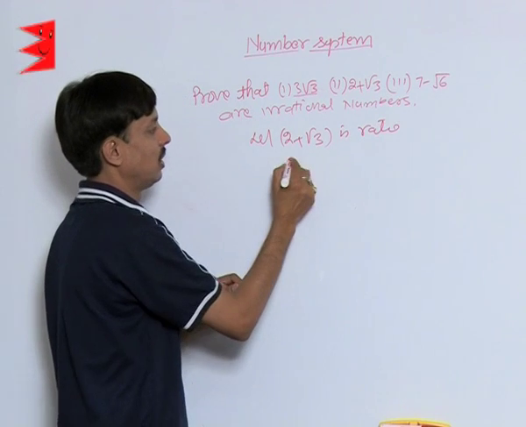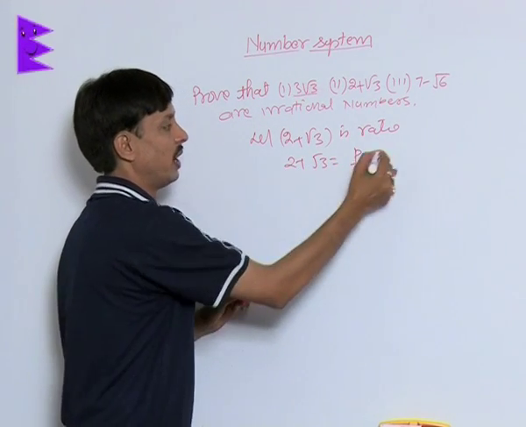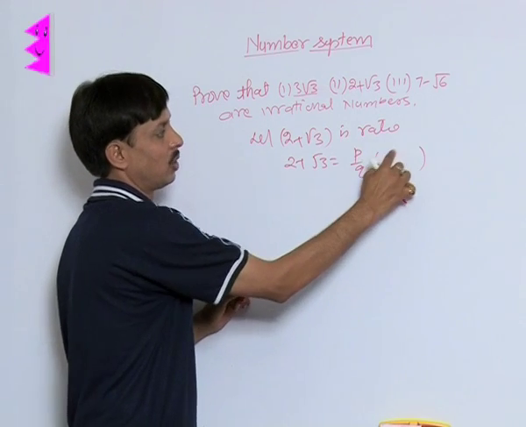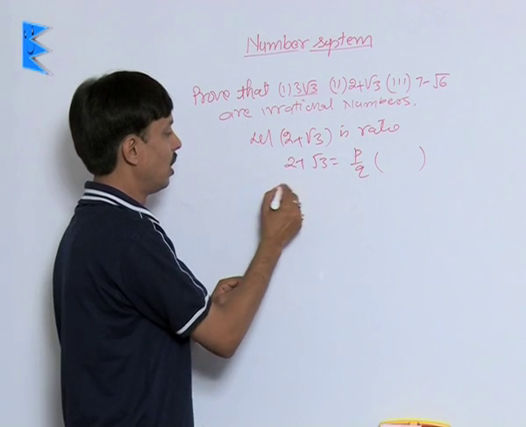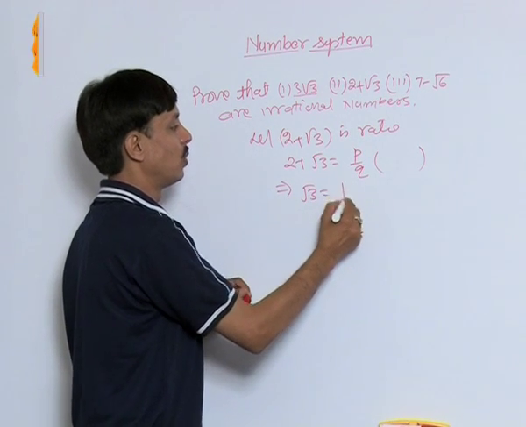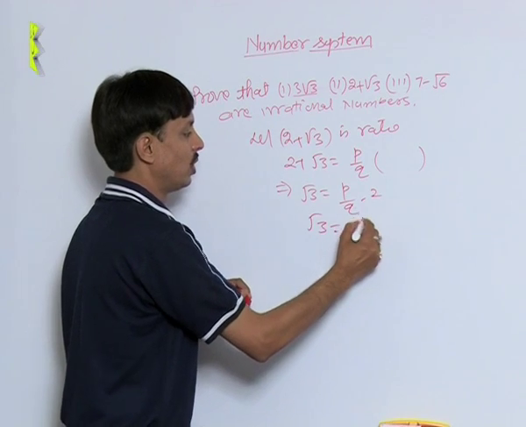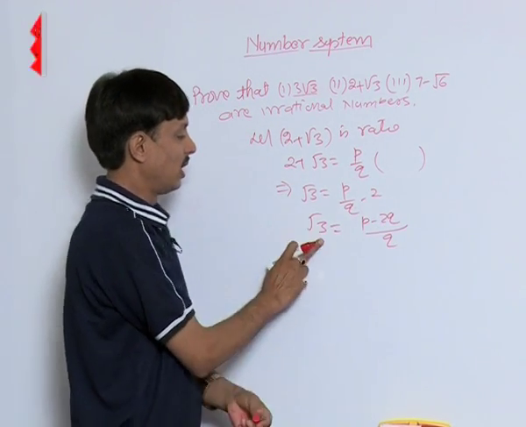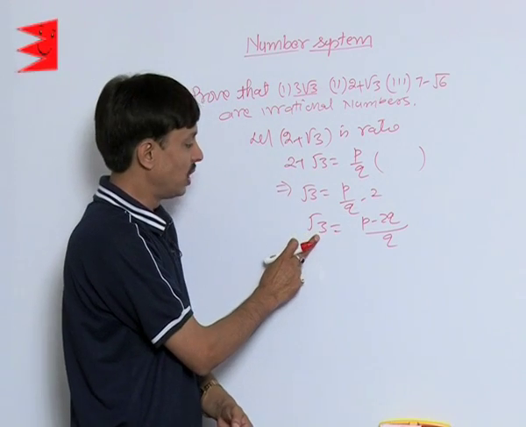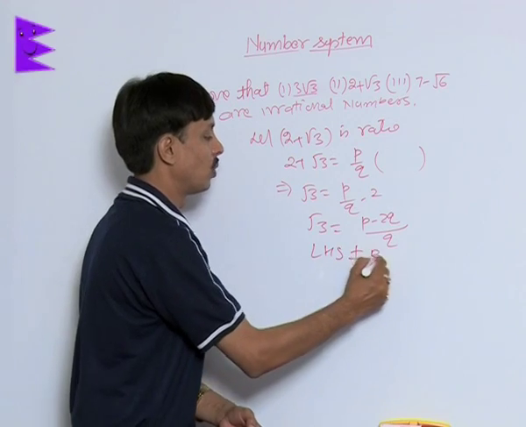If it is rational, then I will say 2 plus root 3 is equal to p by q, where p and q both are integers having no common factor and q is not equal to 0. Now this implies root 3 is equal to p by q minus 2, or you can say root 3 is equal to p minus 2q by q. Ultimately the same thing is coming here. Root 3 is irrational, this is rational. So LHS is not equal to RHS.